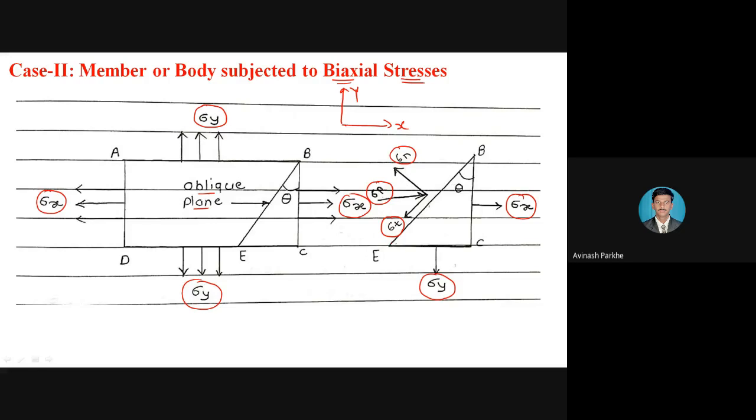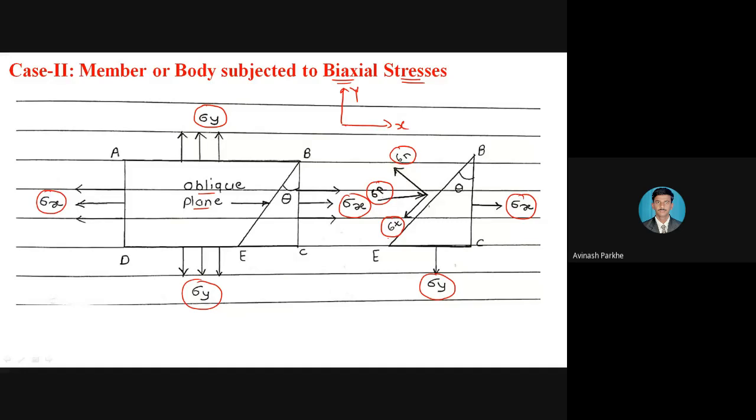So what is the difference between case number 1 and case number 2? In case number 1, the body is subjected to only a single stress in the horizontal direction. In case number 2, the body is subjected to stress or force in the horizontal direction as well as in the vertical direction. Therefore, all the formulas we have seen in case number 1 are available in the form of sigma x only. The effect of sigma y is not there in case number 1.